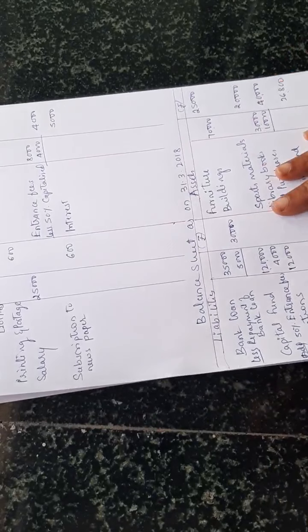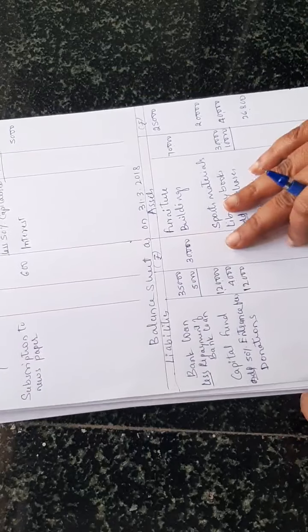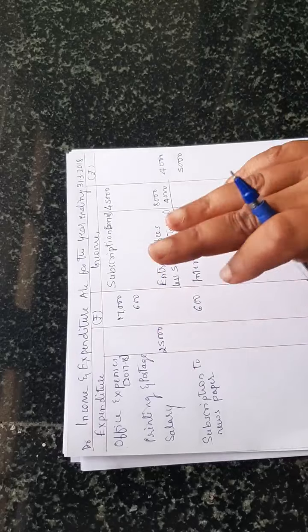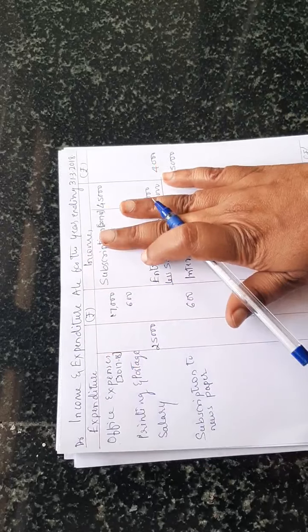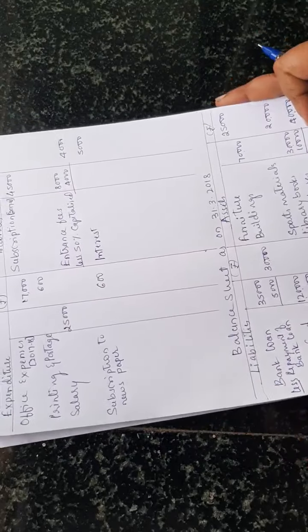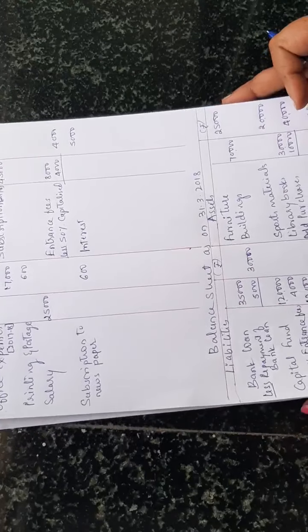Okay, next adjustments. We have taken all the items from the given opening balance sheet, and we have shown all the items given in the receipt and payment account, in income and expenditure account, and in the balance sheet. And now what all adjustments are given, we take them one by one.